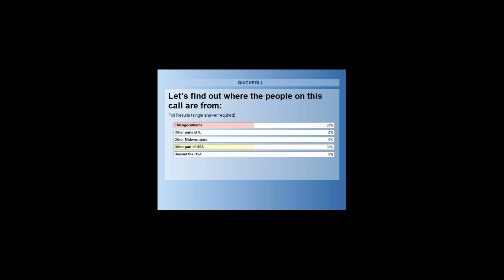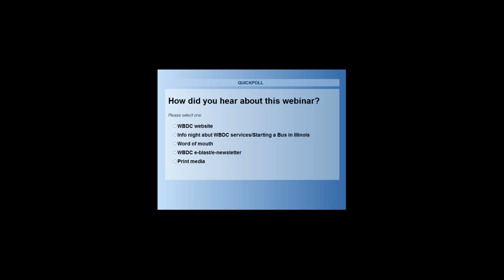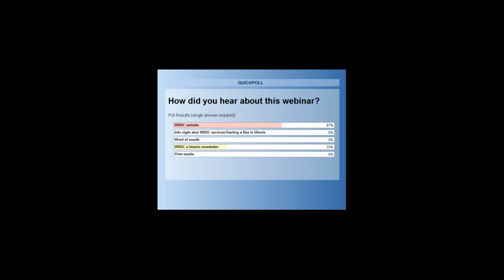Let's have our second poll then. We want to find out how you heard about it. Okay, we will close the poll. Some of you found it from our website, and some people found it from our eBlast newsletter. That's great.